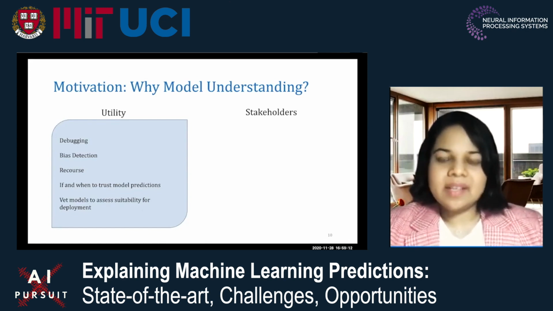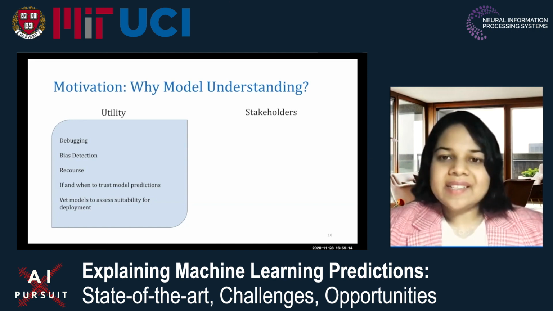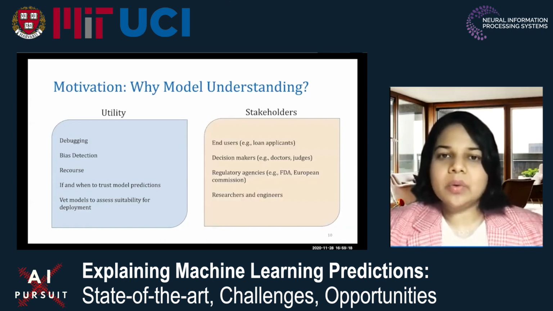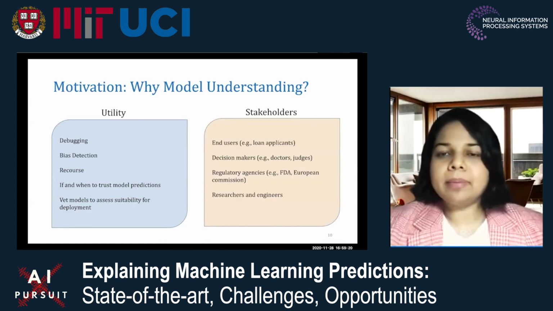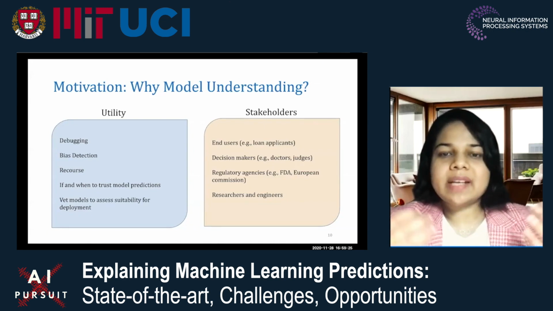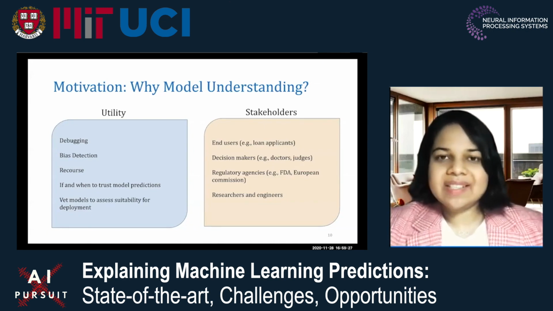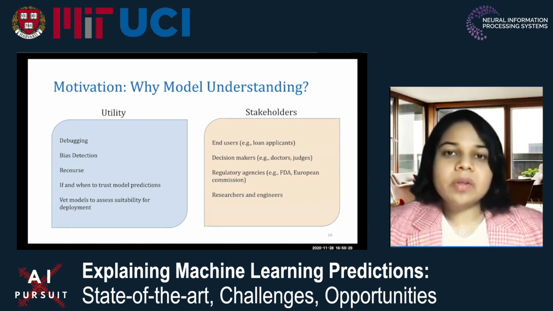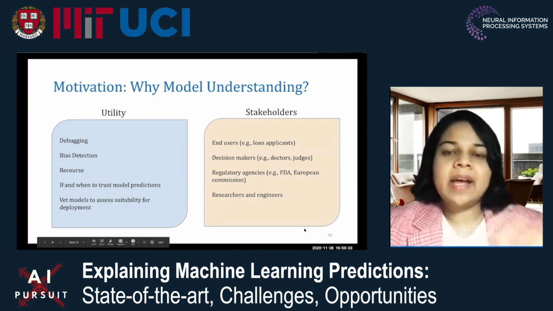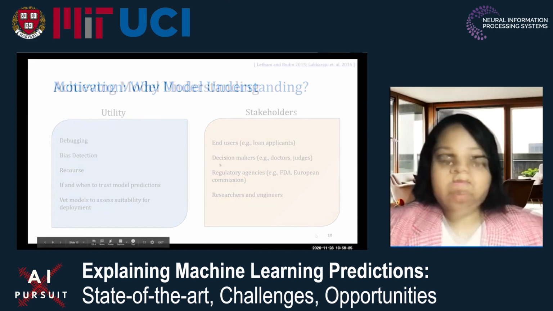In enabling all these use cases, model understanding is actually serving a variety of stakeholders, including end users, for example, loan applicants, decision makers like doctors and judges, regulatory agencies like the FDA, and also researchers and engineers to help better debug their models and make them better.